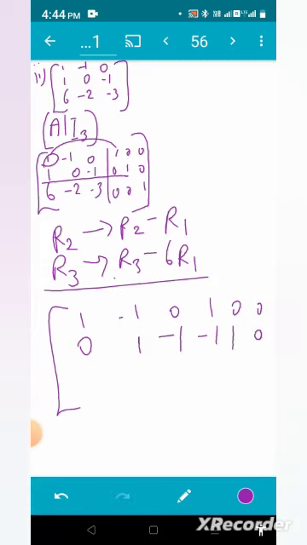Third row, R3 minus 6R1. So we multiply this row by 6.